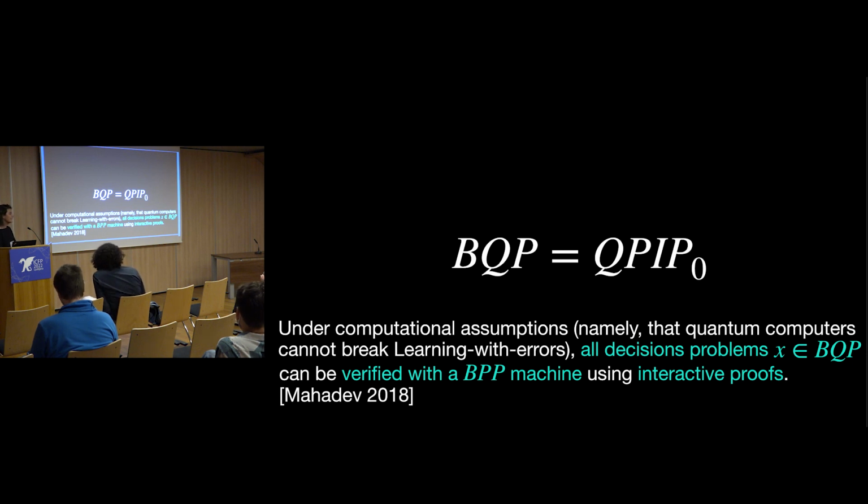BQP is contained in IP, but in that case, you have an unbounded prover. Here we're bounding our prover to BQP, because in a quantum computation, our prover is BQP. What we would like to prove is the relation between BQP and IP, where soundness is against an unbounded prover, but we don't really have that result yet.